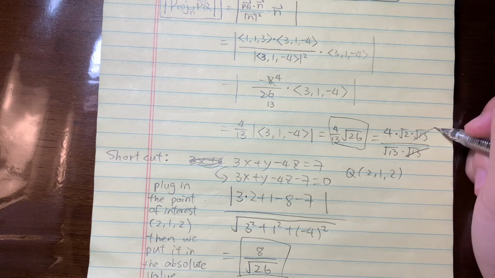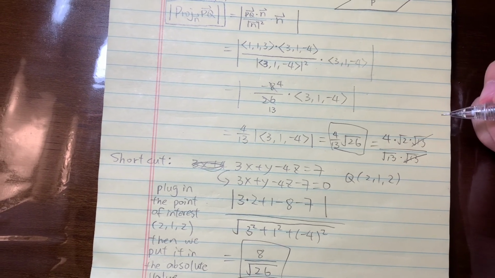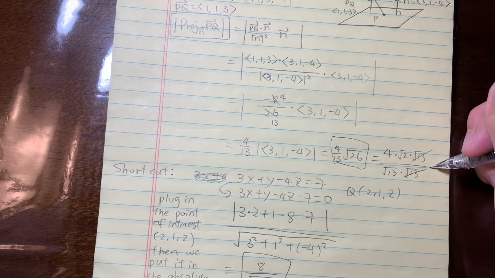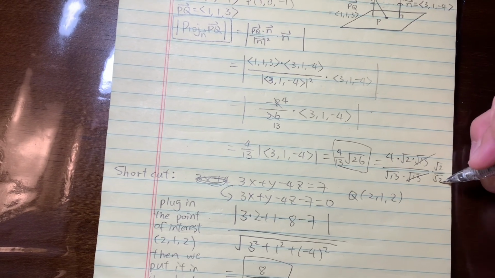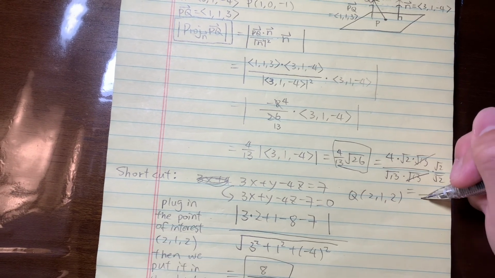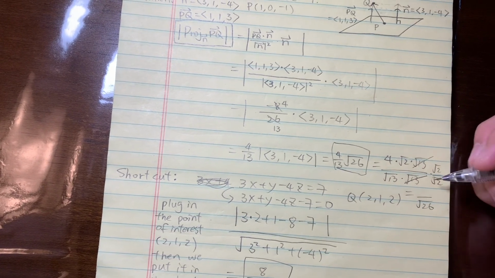Like that. And then I multiply square root of 2 on both sides. So I indeed get 8 over square root of 26.